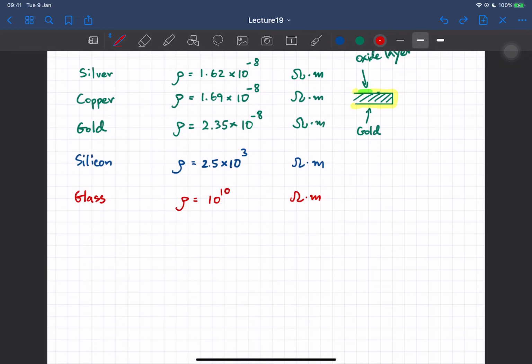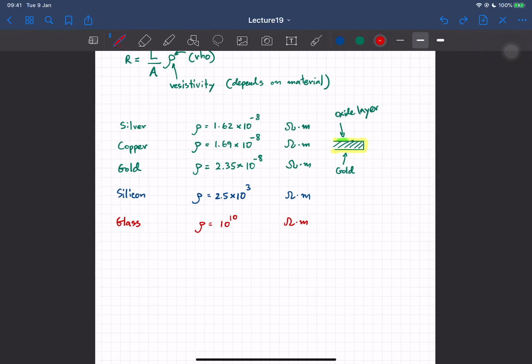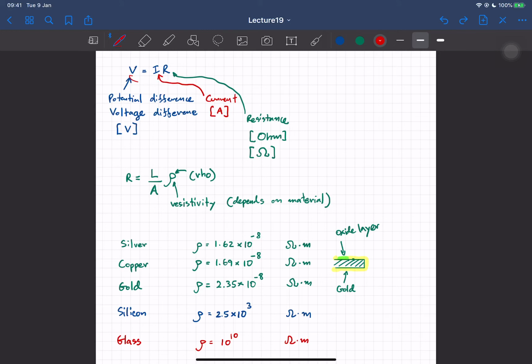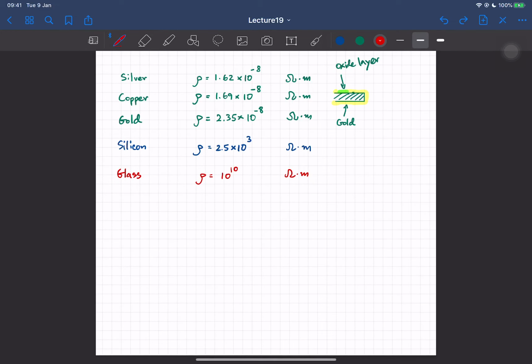Okay, so next, let's do a simple application of V equal to IR, which is Ohm's law. The simplest is just one battery and one resistor. So, example. Let's say we have one resistor that looks like this.